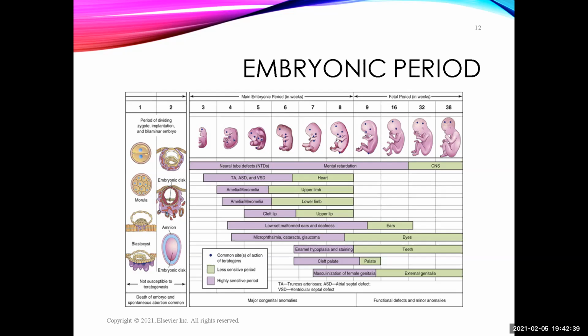So during this time is when the differentiation of the body systems and organs starts to occur. So my thought was, when he talked about the neural tube being formed, that's going to be the stage that a neural tube defect could start. So you can see how important these first few weeks are.